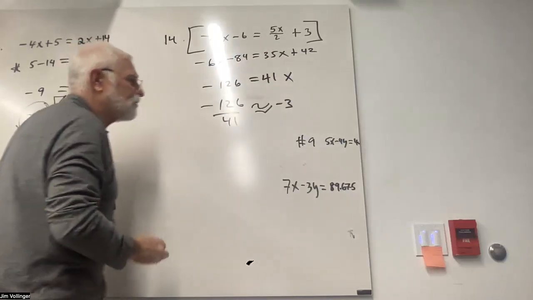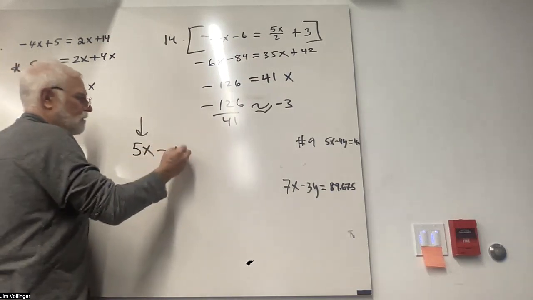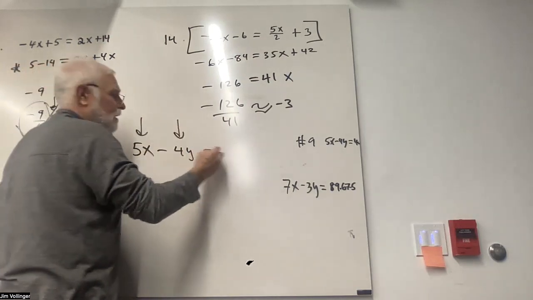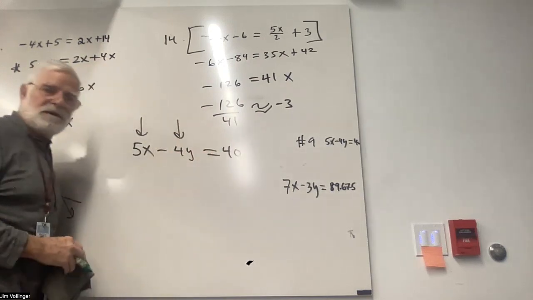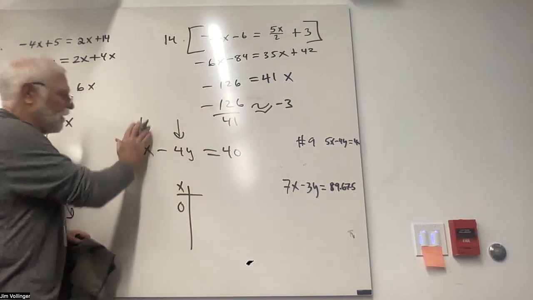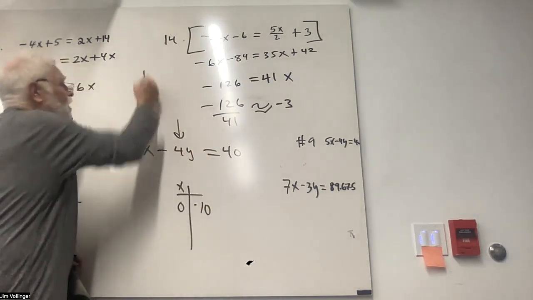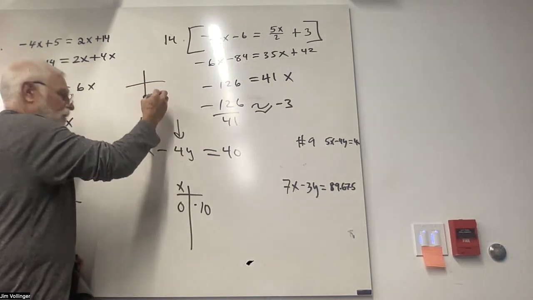All right, 5x minus 4y equals 40. 5x is a product. 4y is a product. And I think I've already told you earlier in the video, make products equal 0. So if you pick the 0 for x, like covering it up, oh, that's negative 10. That's a place on a graph, 0, negative 10, we'll put it there.